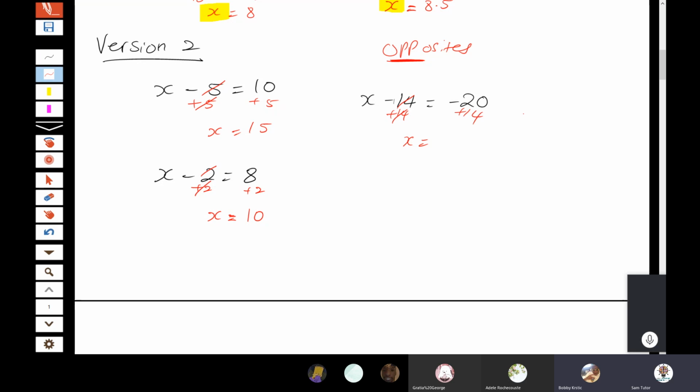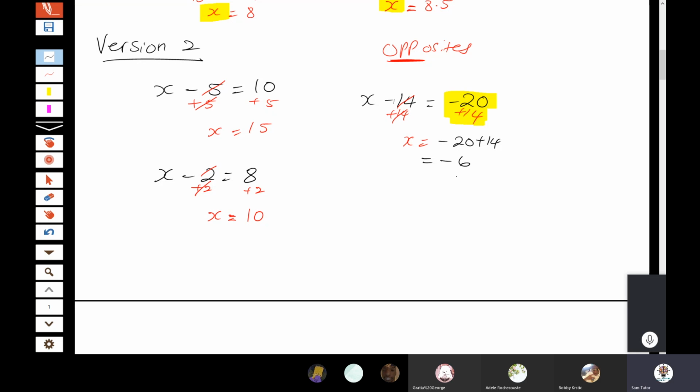X equals 14. No, wrong. Read it again. Read this bit. X equals negative 14. No, read that whole thing for me. Negative 20 plus 14. Oh, that's what it is. X equals negative 20 plus 14, which is what? What does that become? Negative 6.